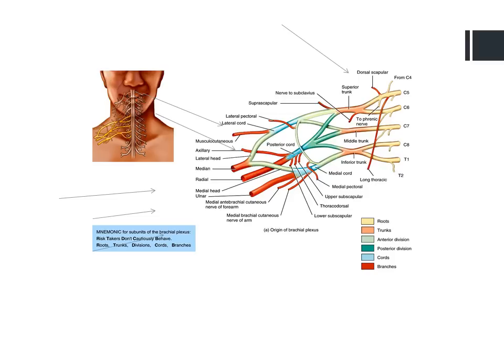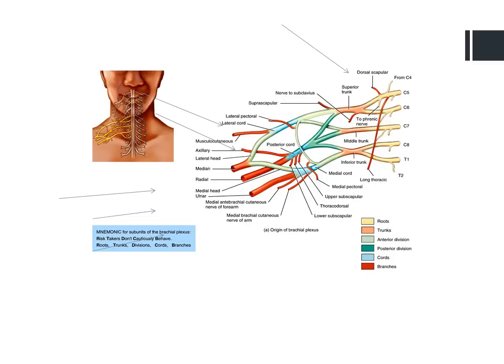So here we see 5 to 6 to 7 individual nerve roots coalescing and combining into a reduced number of 3 trunks. And it's in the trunks that we see our first mixing and mingling of nerve roots.